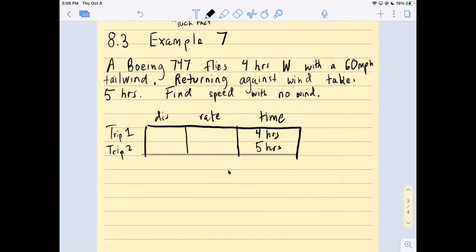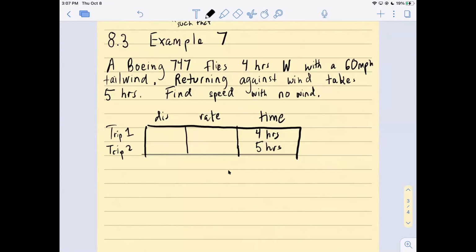Now I'm hesitating on the rate because what is the real unknown in this problem? How fast they're going on the second trip? Okay, the distances, we don't know the round trips, right?